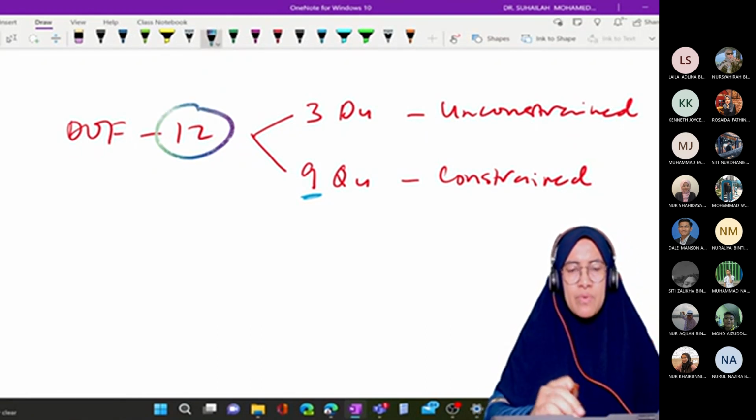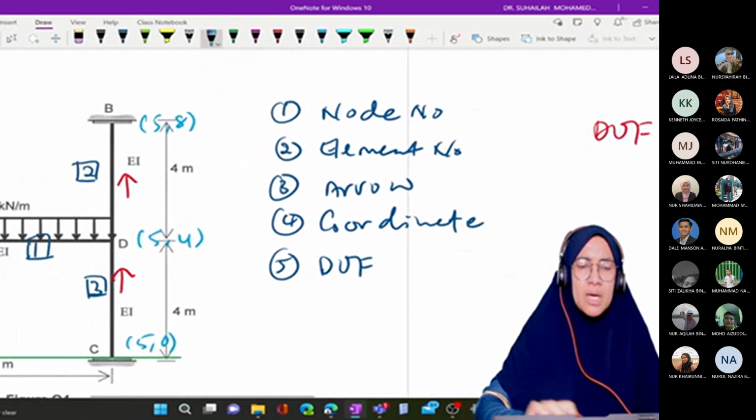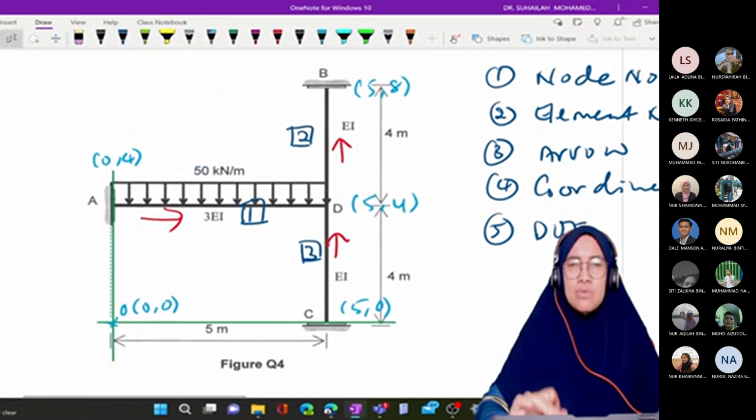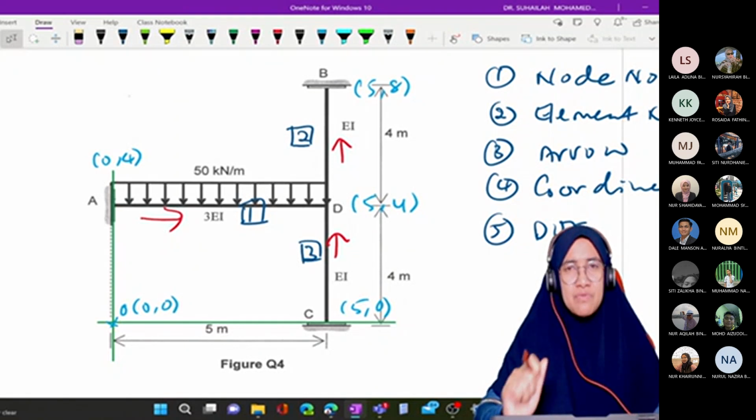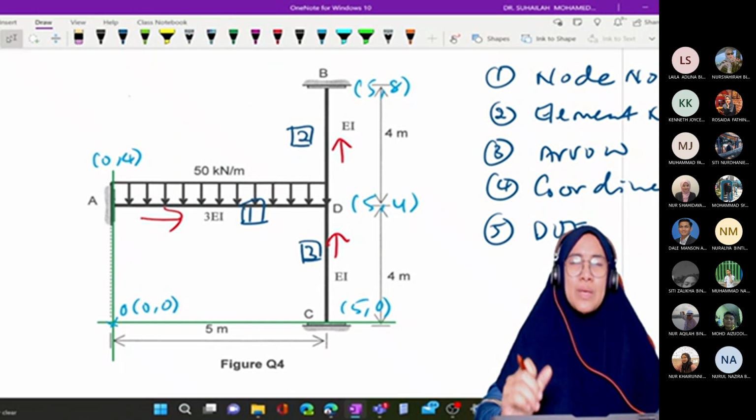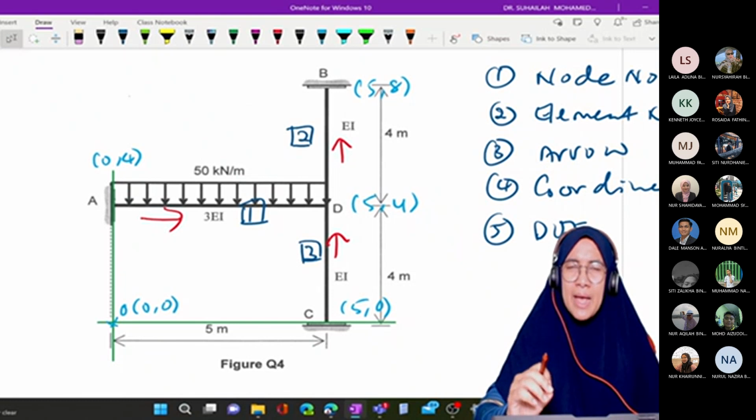This 12, we have to refer back to the diagram. Identify the number of unknown reactions first, because we get it by looking at the supports.